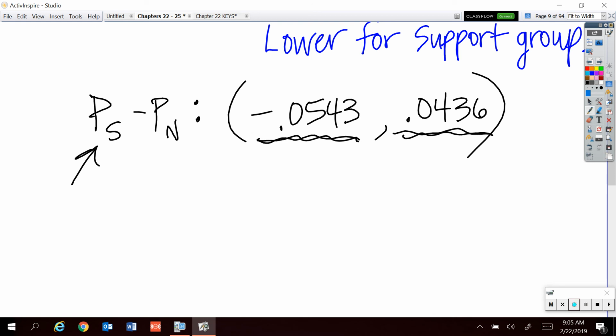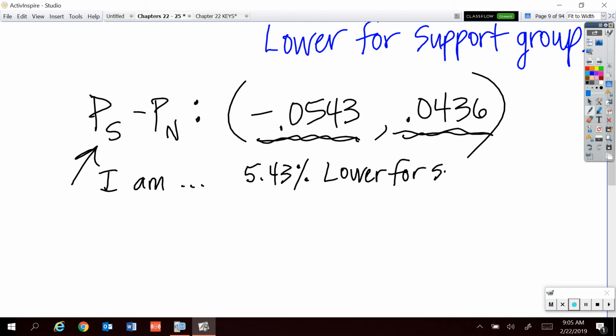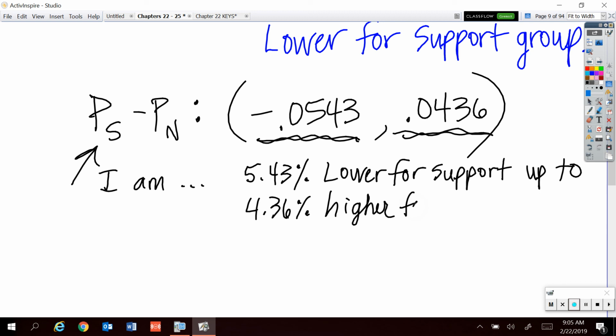Yes. So here's how we would do this. I am such and such percent confident that the success rate is between 5.43% lower for the support group up to 4.36% higher for the support group.